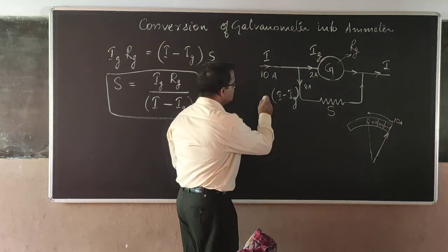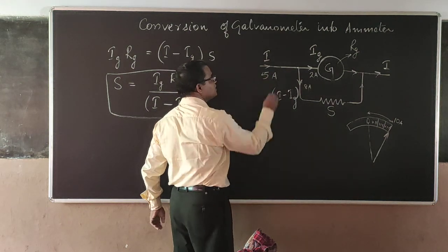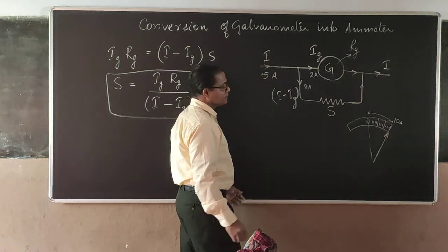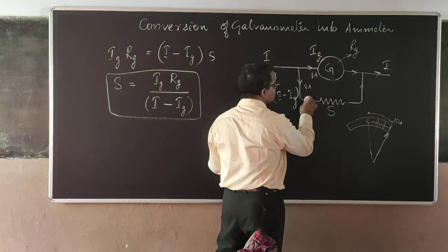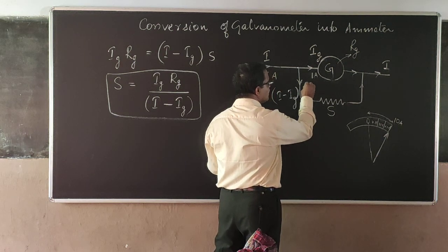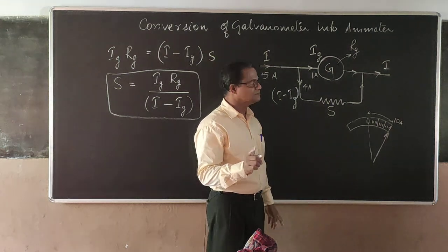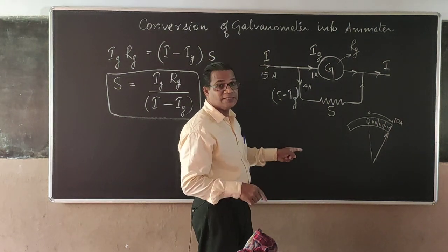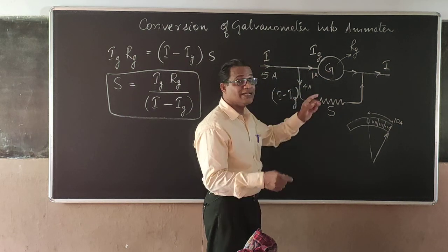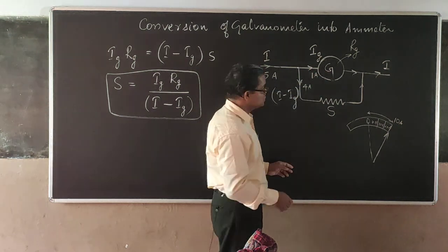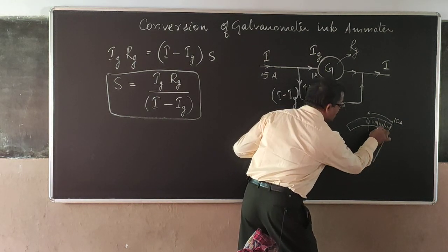Now, instead of sending 10 ampere, if I send 5 ampere, then the ratio changes. 1 ampere flows through the galvanometer and 4 ampere flows through the shunt as per the resistance ratio. Since 1 ampere is now flowing through the galvanometer, it has to give half deflection. So this is the maximum, and now it shows half of it.